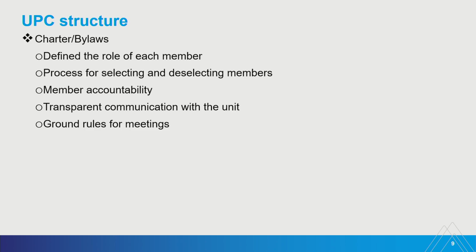Components of the bylaws include the defined roles and responsibilities that I just explained, the process of selecting, and equally as important, the process of deselecting members when necessary. Member accountability, this includes attendance, engagement, and ownership of projects. Also, the maintenance of transparency within the unit, and some ground rules for our meetings, which include setting a recurring date and time for our monthly meetings.